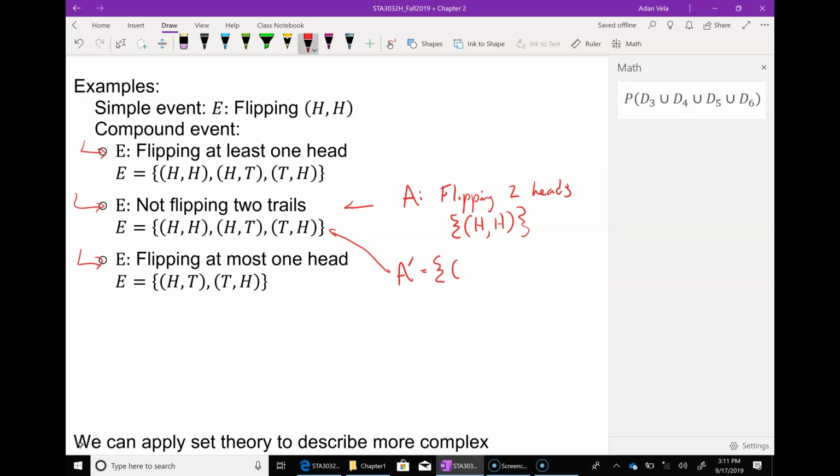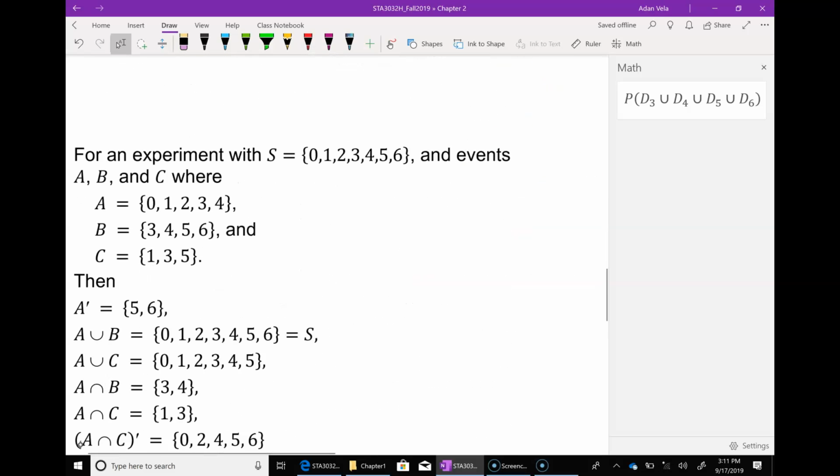Oh, sorry, two tails. My bad. So we'd have head, head, head, tails, and tail, heads.